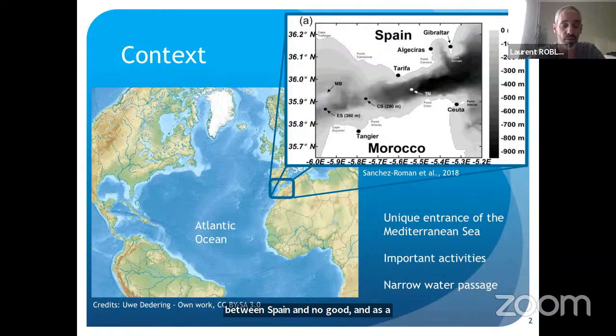And the eastern end is about 23 kilometers. The depths range from 300 meters at Espartel here, to 900 meters at the eastern end.